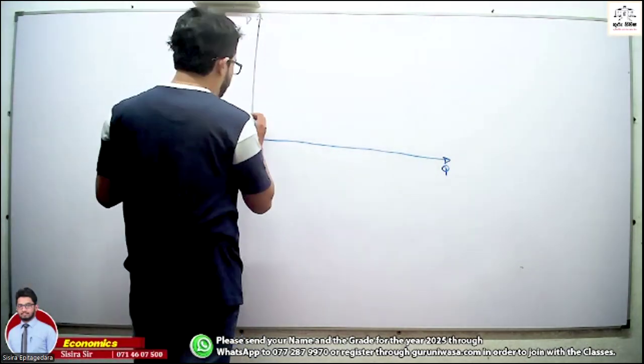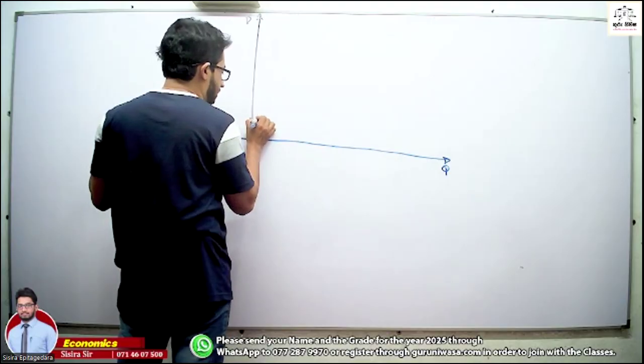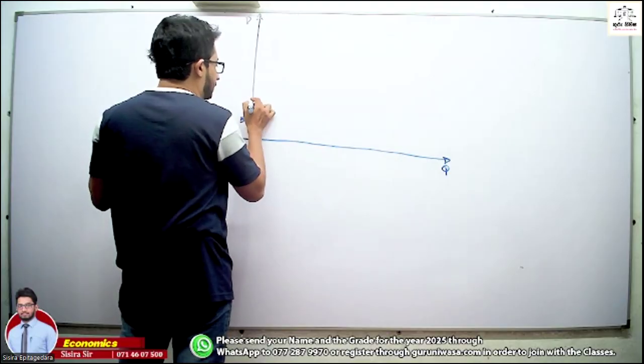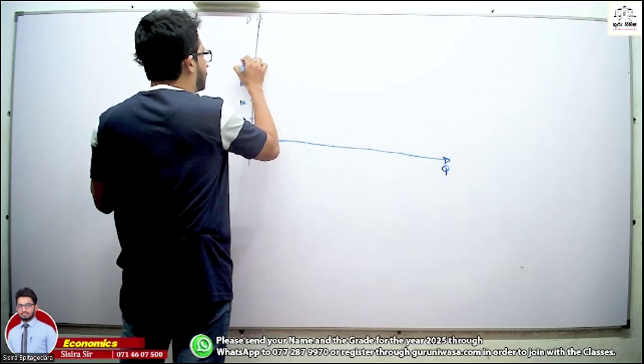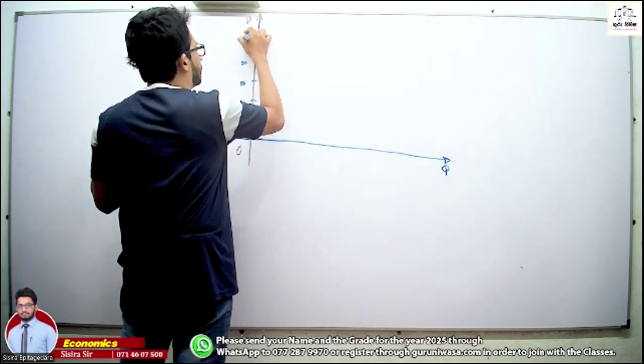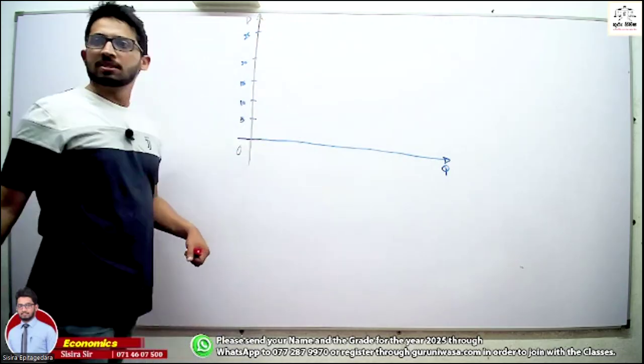You can label the price axis by 5, 10, 15, distance should be equal, 20 and 25. I think the maximum price is 25, right?